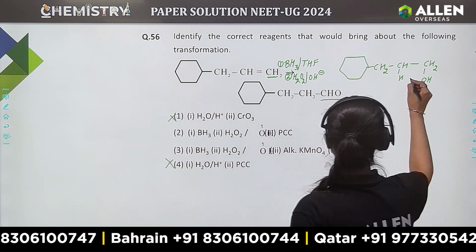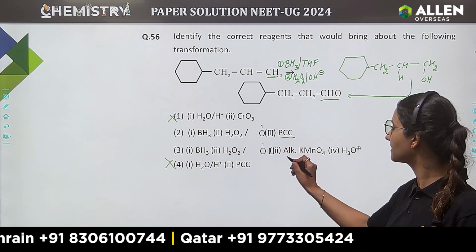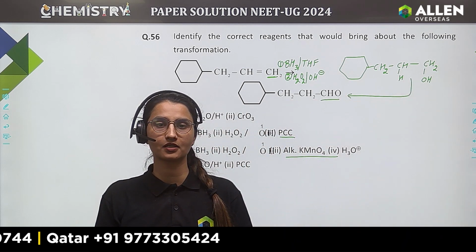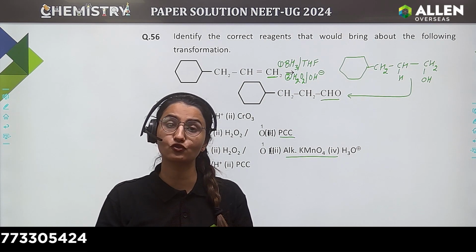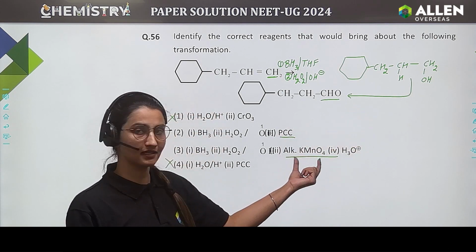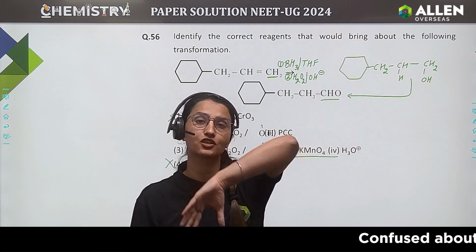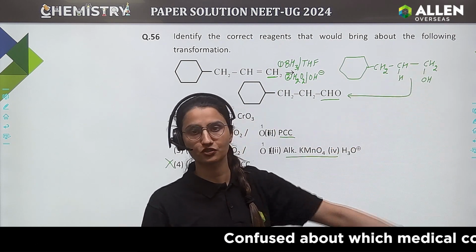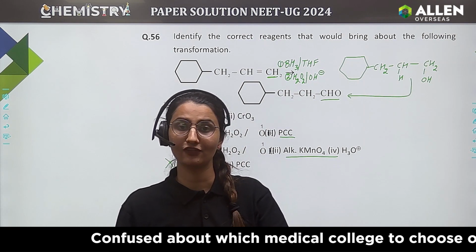Now students, I have to oxidize this into this. One is PCC, the other choice is alkaline KMnO4. Students, we know alkaline KMnO4 and K2Cr2O7 are strong oxidizing agents. So if I would have used alkaline KMnO4, this OH would have directly changed into what? Carboxylic acid. It would have turned into COOH. Since I have to do mild oxidation, I will use what?